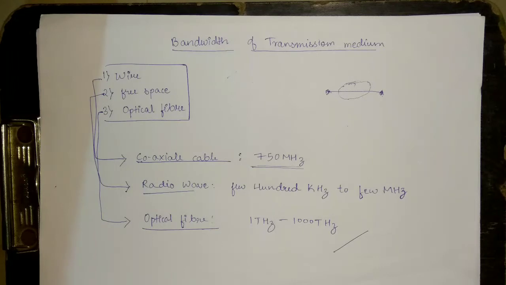This type of medium requires a frequency range between a few hundred kilohertz to a few megahertz. The last is optical fiber, which needs 1 terahertz to 1000 terahertz of frequency for transmission.